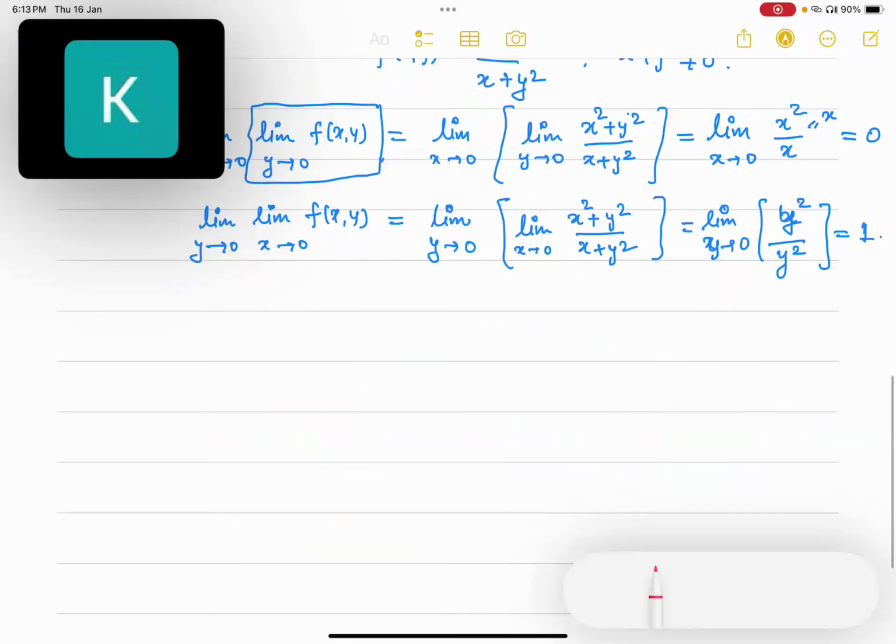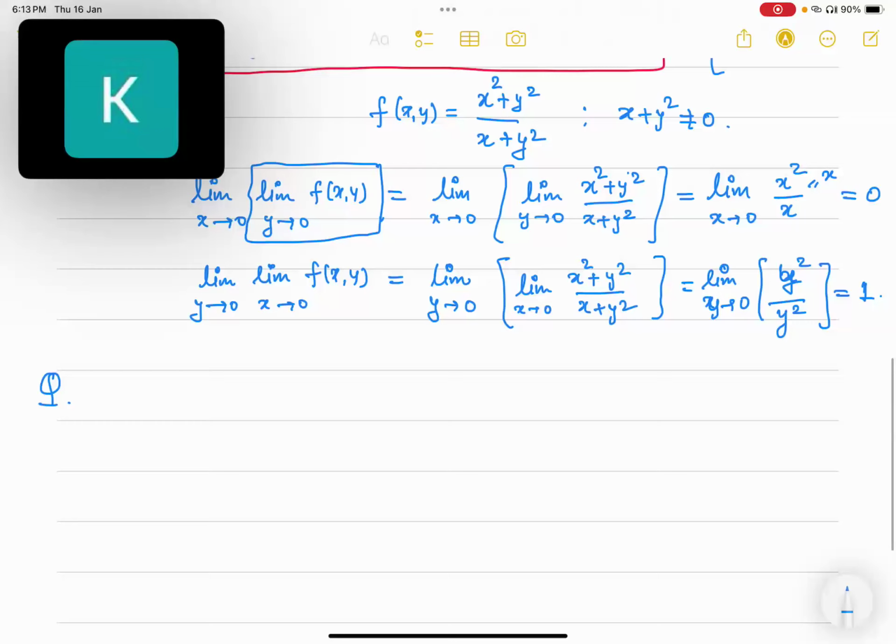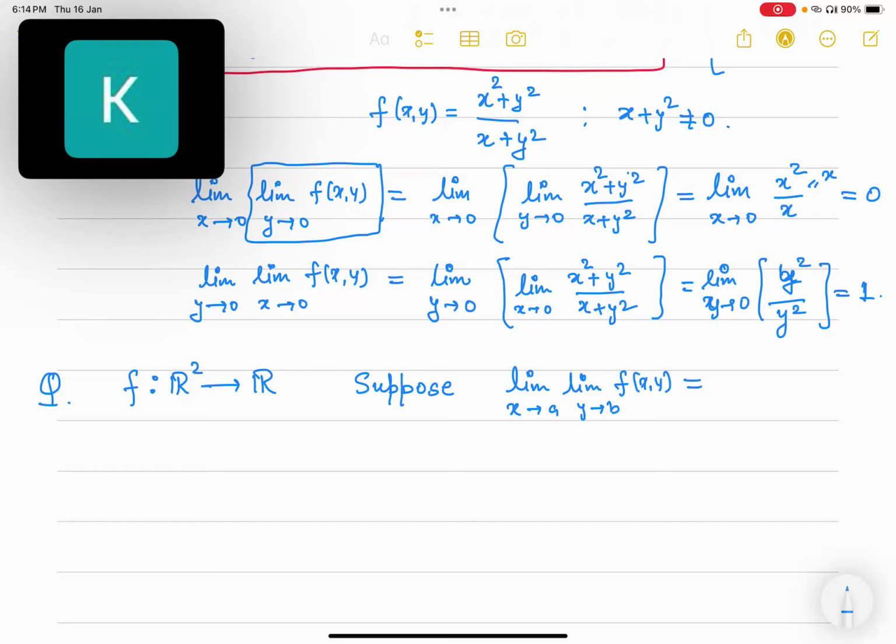Now I can ask one more general question. Suppose I'm giving you f is a function from R2 to R. Suppose limit x tends to a, limit y tends to b, f of xy is equal to limit y tends to b, limit x tends to a of f of xy.